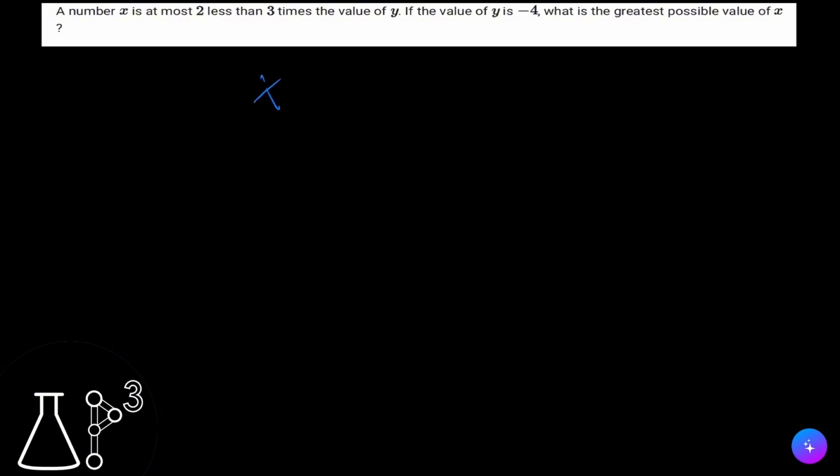So x is less than or equal to, and we're given that x is at most 2 less than 3 times the value of y. So how can I rewrite that? 2 less than 3 times the value of y is 3 multiplied by y, minus 2, so 3y minus 2.